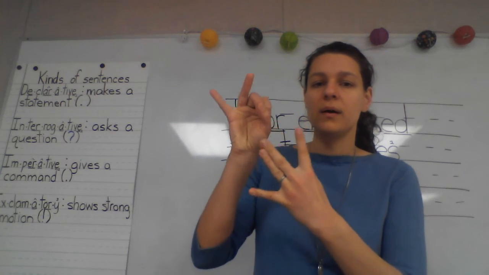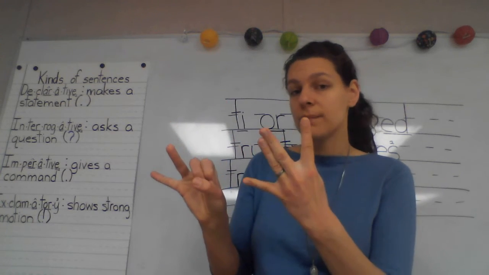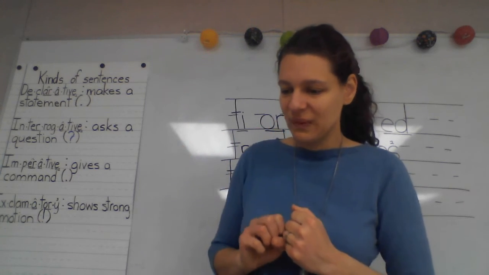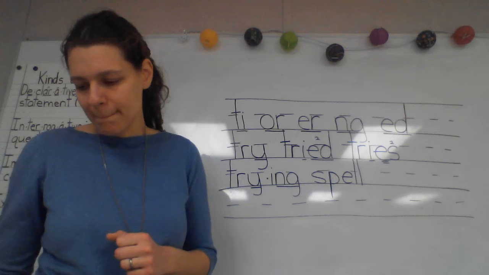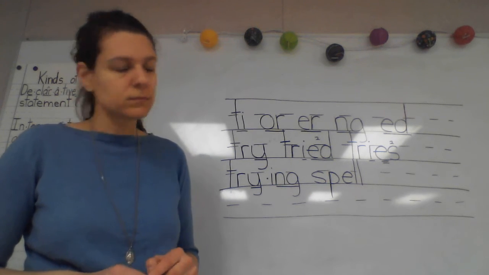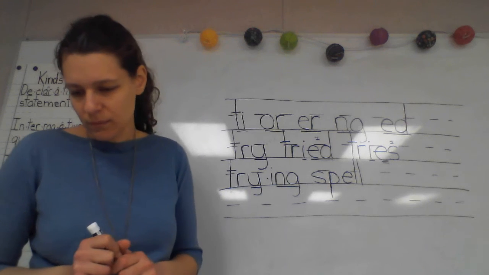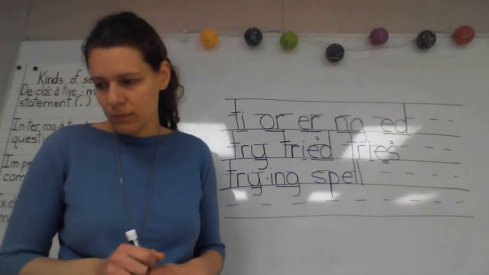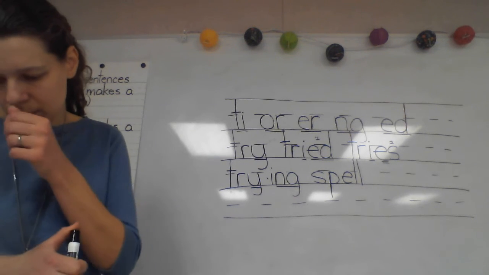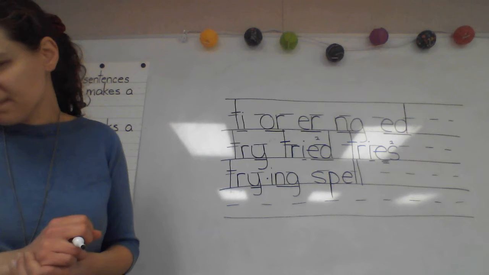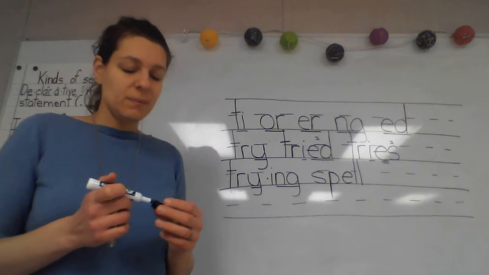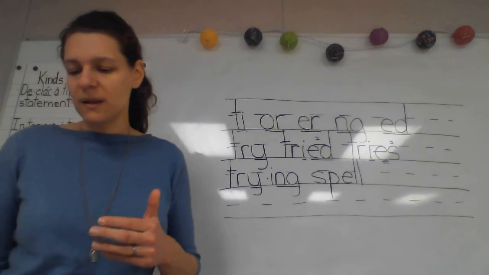F, or, m. So inform, those are our first two syllables. Say them while you write them. All right, pause the video if you don't have those first two syllables.